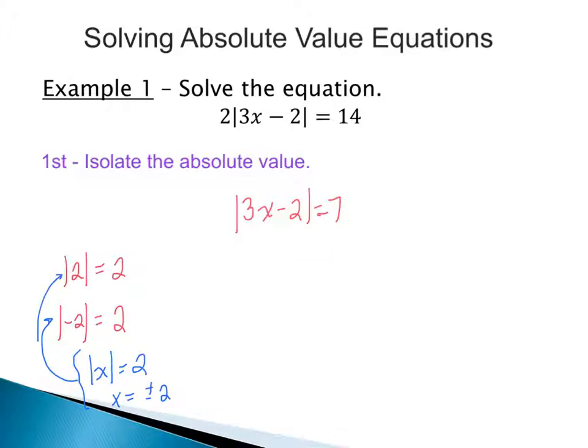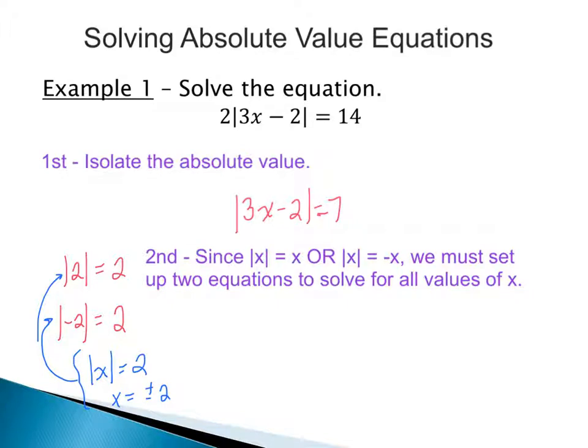What that means in terms of solving is that we need to set up two equations to account for the fact that the inside of the absolute value can either be positive or negative. So to get a positive 7, we can have the inside 3x minus 2 equal to a positive 7, or we can have the inside 3x minus 2 equal to a negative 7.